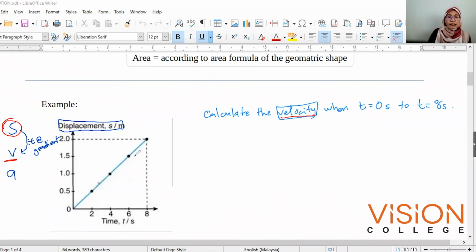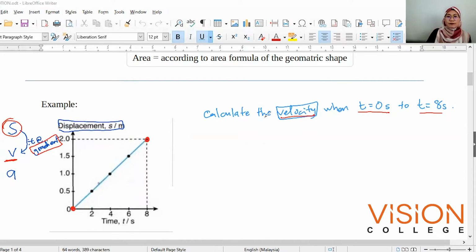So from the graph I have to calculate the gradient. From which point to which point? Since the question asks from t equals 0 seconds to t equals 8 seconds, when the time is 0 seconds, this is our first point. This one will be our second point.